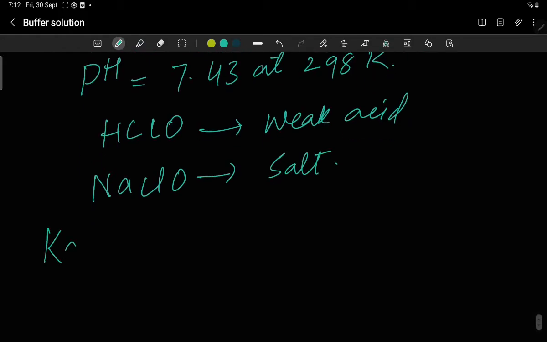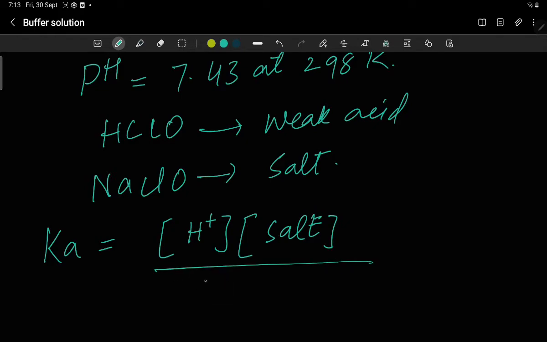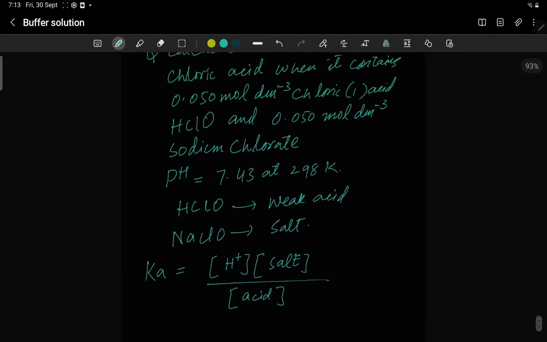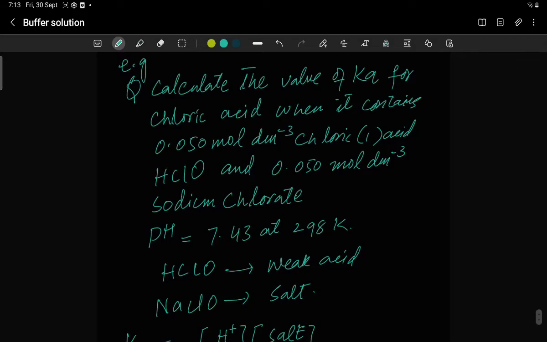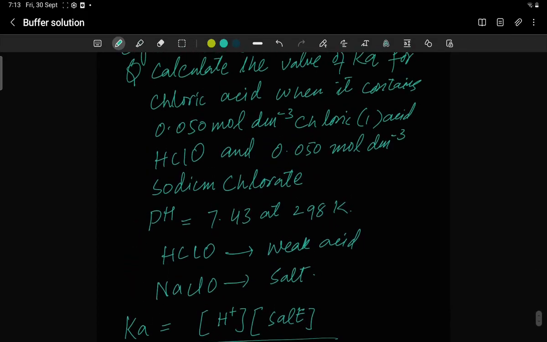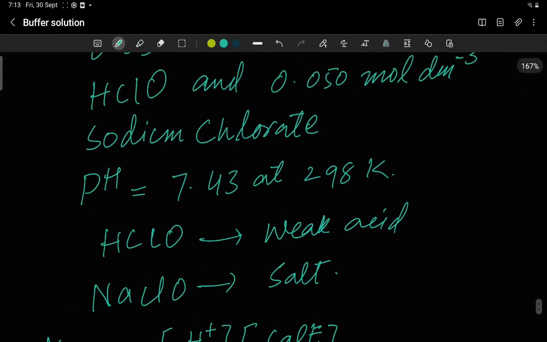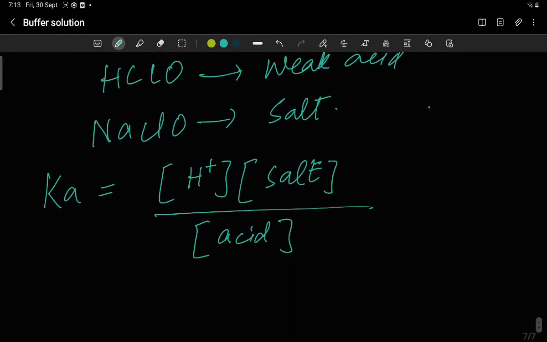So we know that Ka is equal to the concentration of H positive and the salt of the weak acid divided by the concentration of weak acid. In this question we know that the pH of the solution is 7.43.